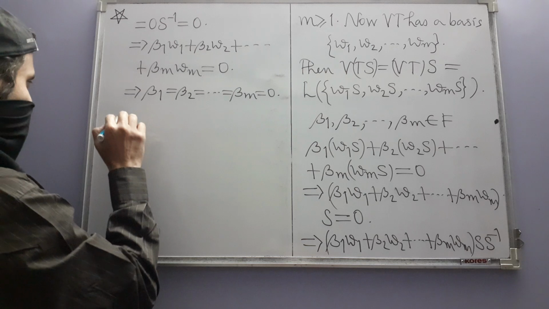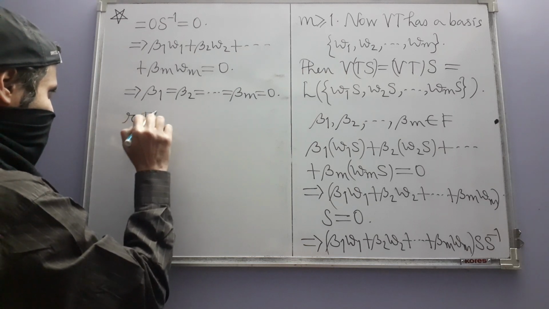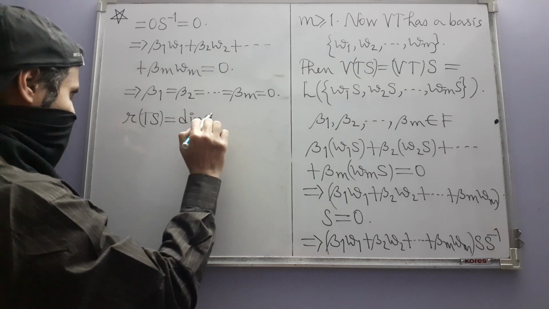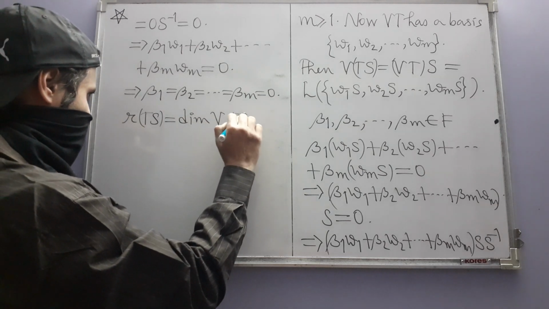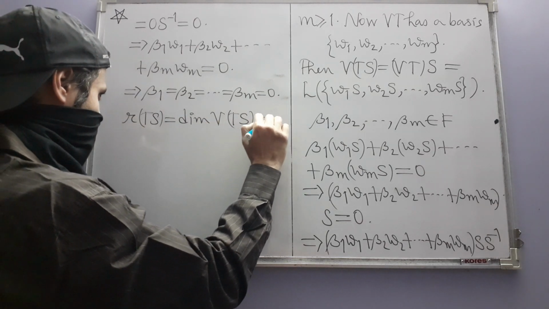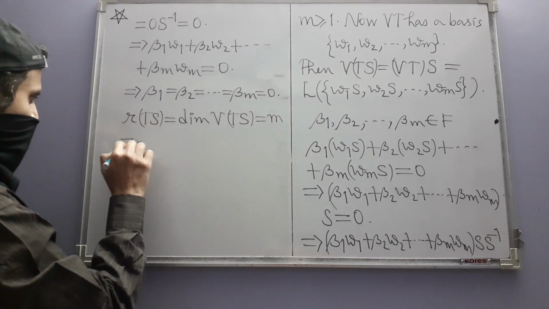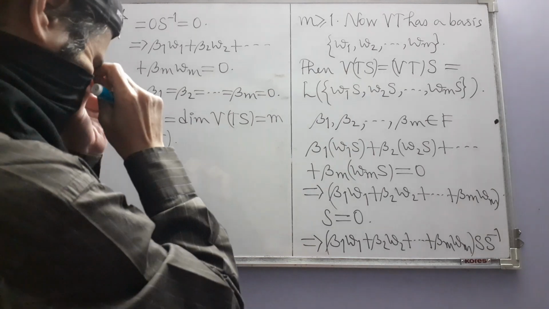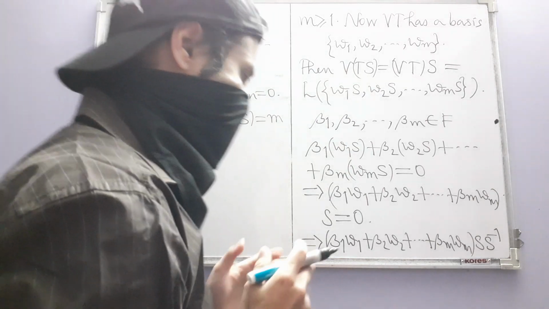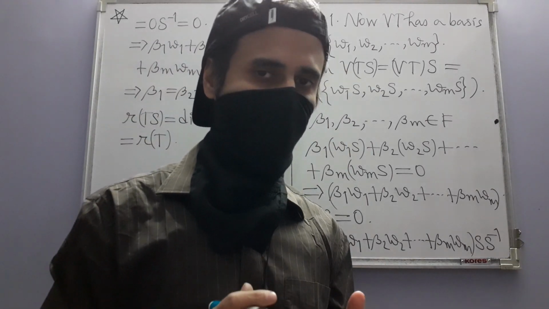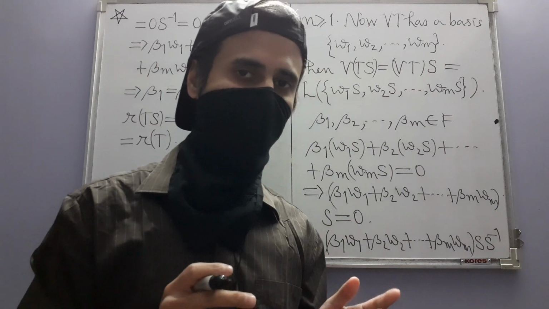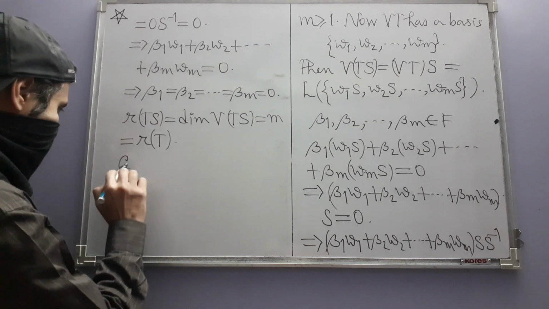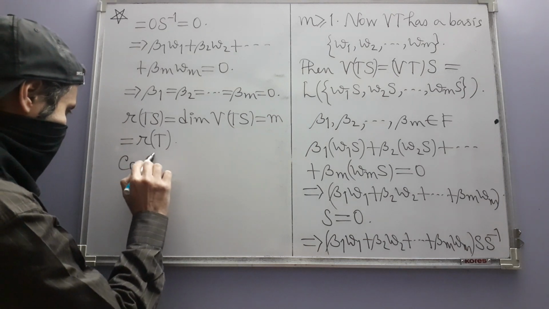And that is why the rank of TS is equal to m, which is the rank of T. So that's how the ranks of both ST and TS are equal to the rank of T if S is regular.